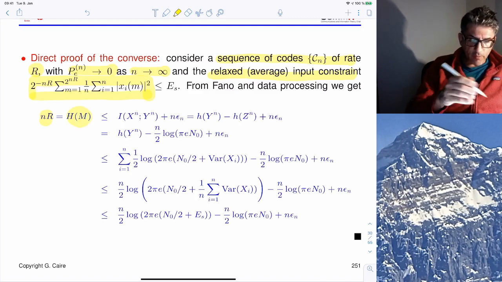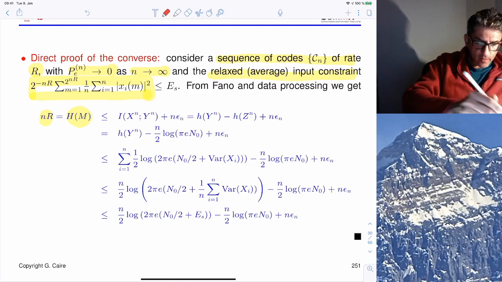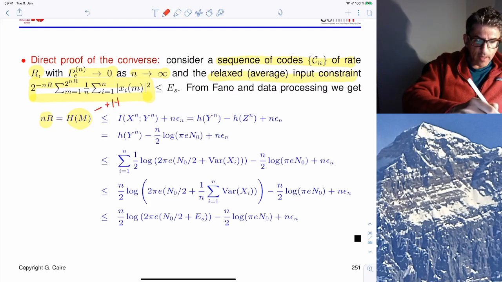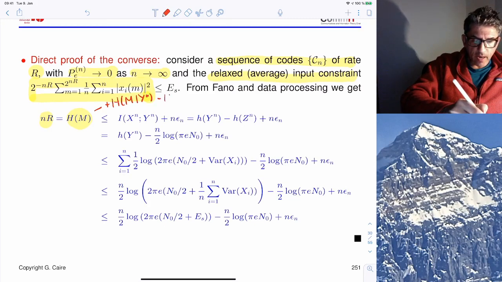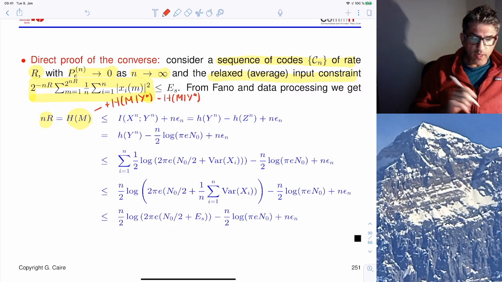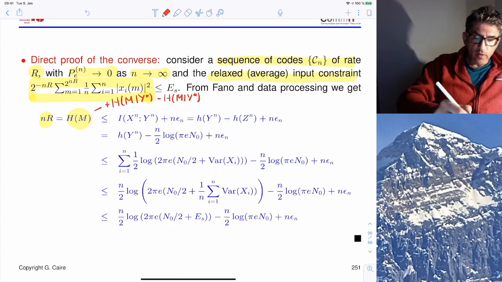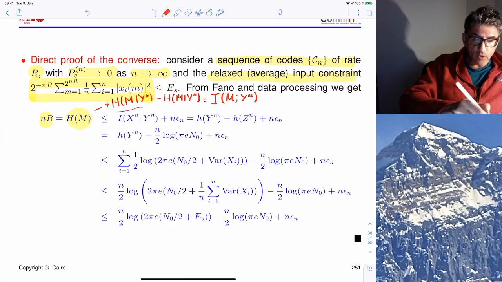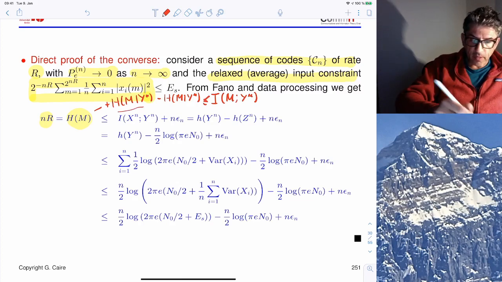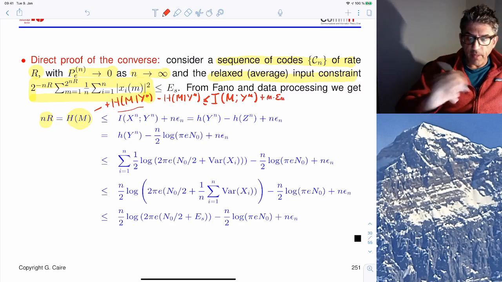Now, Fano inequality, by adding this and subtracting this, we end up with the mutual information between the message and the output plus this conditional entropy, but this conditional entropy can be upper bounded by n times epsilon n by Fano inequality.